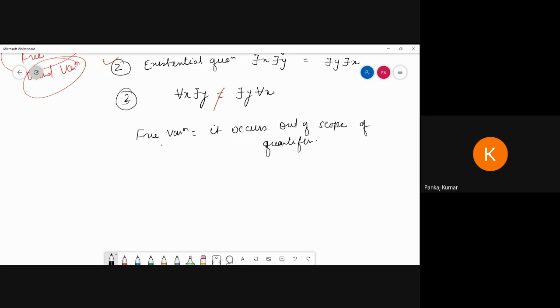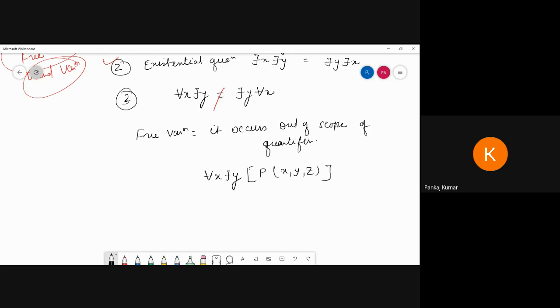So what is out of scope? Suppose I am writing for all x and for some y, there exists, we can create a relation x comma y comma z. Now see here, the quantifier is applied to x and y, but not to z. So z is called a free variable.